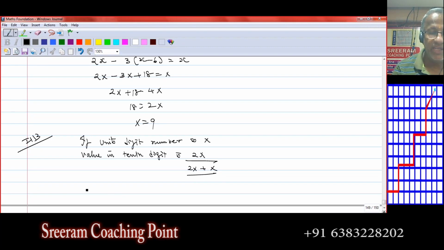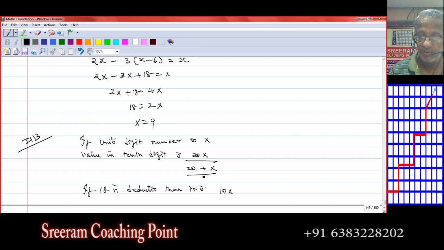And if 18 is deducted, then it is 10x. I'm sorry, in this particular case, this is 20x because you are in the 10th digit, no?